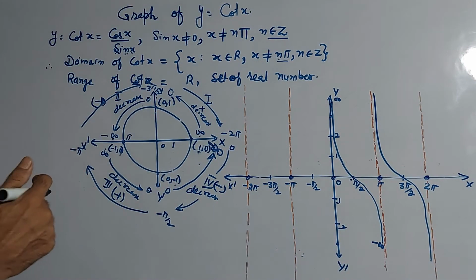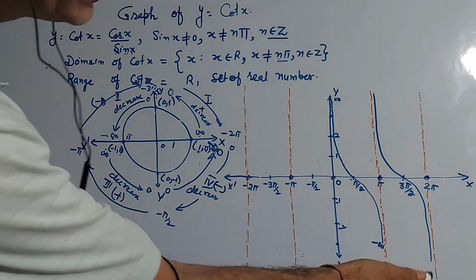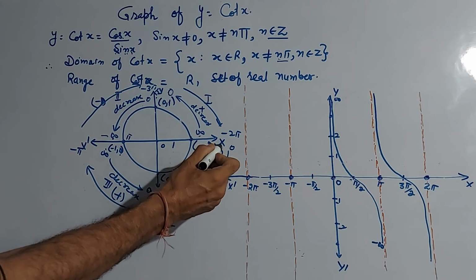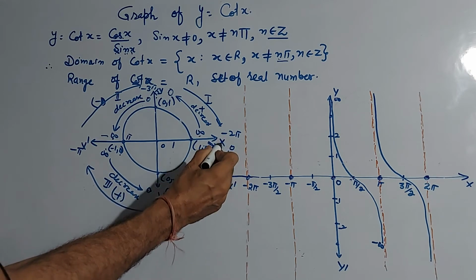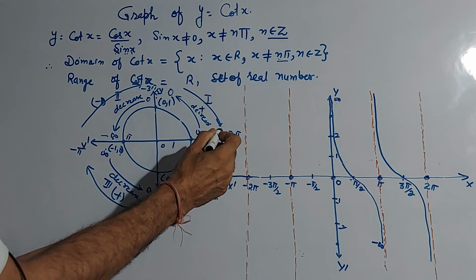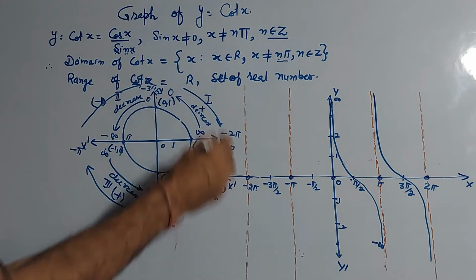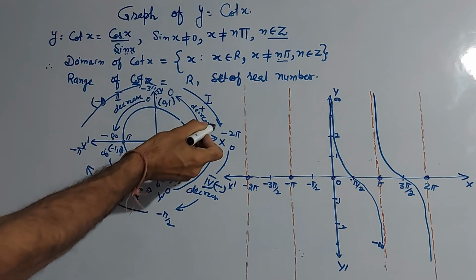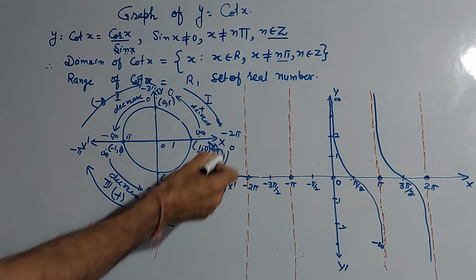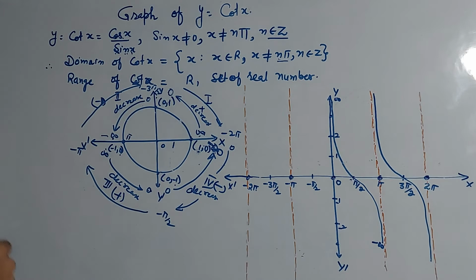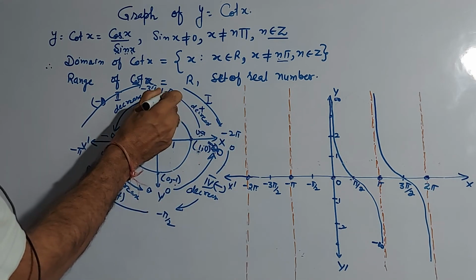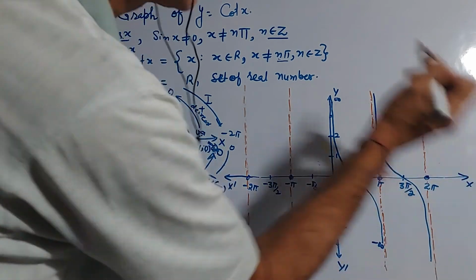Now this is the complete revolution, and if we go further after the complete revolution, from 2 pi in this direction, again infinity to 0, we are going in the anti-clockwise direction here, so again like this.